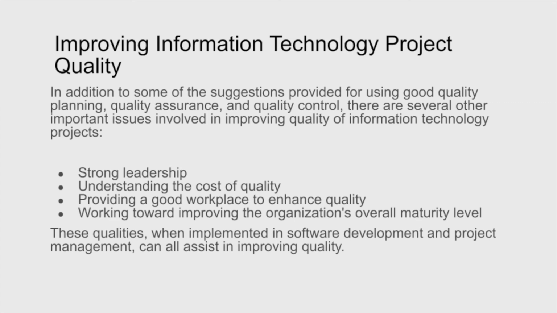People have to truly believe in it. And there's a constant drive to improve quality. So those are people-related issues. Quality is very much a people issue, and the tools and techniques that we've talked about are exactly that, tools that those people need to employ in order to make better quality products for customers.